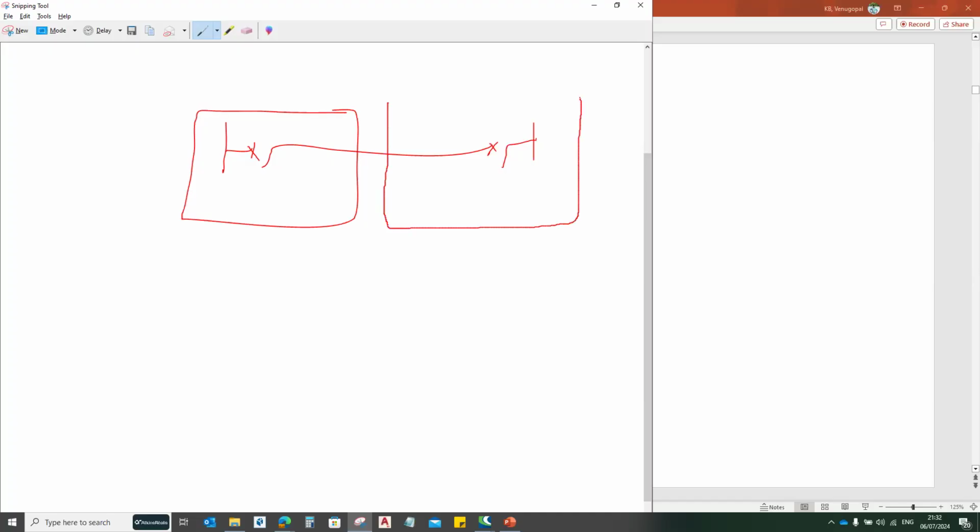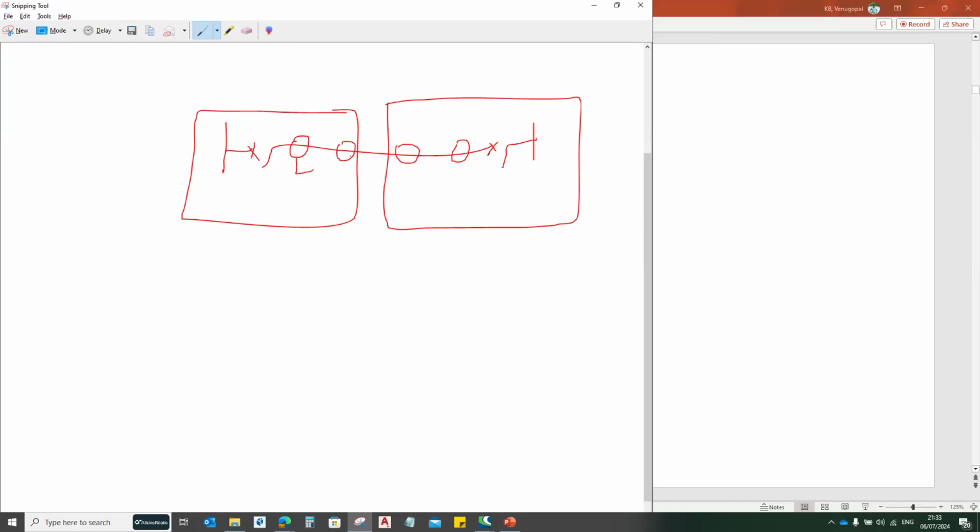Let us assume that this is one substation, and this is the other substation. This is one protection zone, and this is the other protection zone. Your relays are fixed here and here.